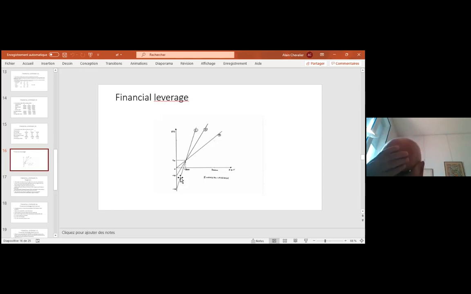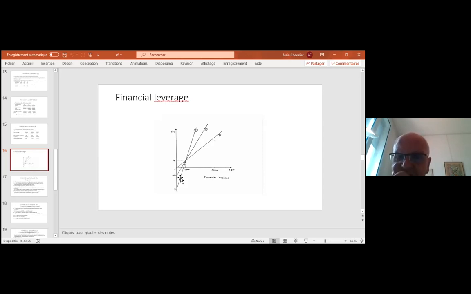So if you transfer these simple conclusions in terms of risk, that means the A financial structure is less risky than the B financial structure.